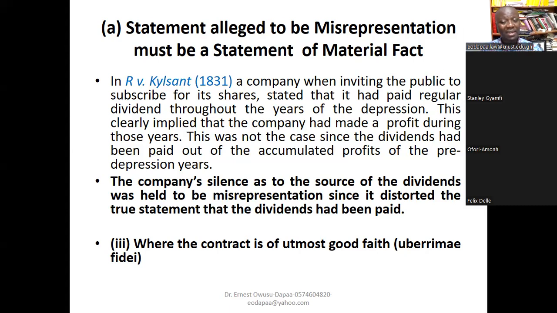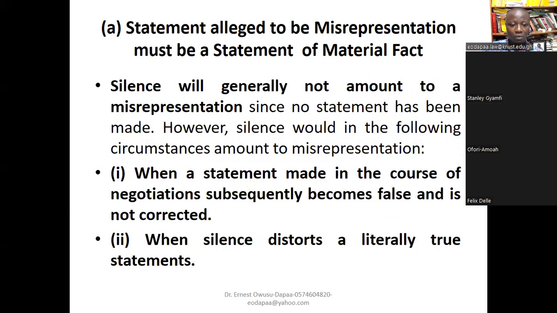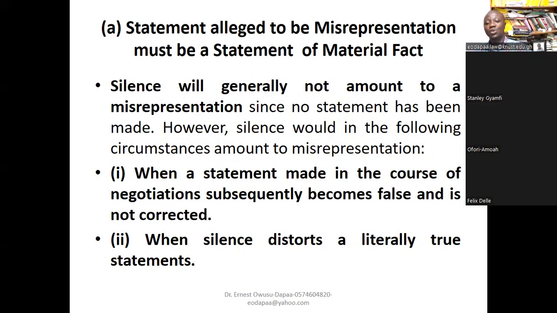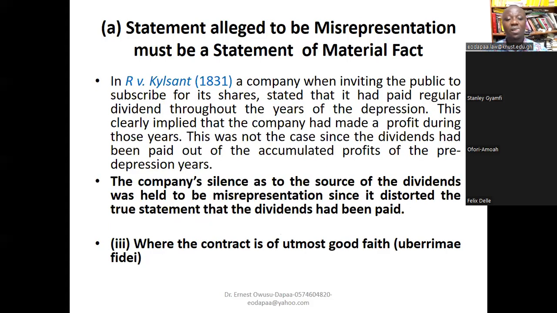Dividends had been paid, but the dividends were paid from some accumulated money before the depression era. And that is why we've made the point that when silence distorts a literally true statement, that can give rise to misrepresentation.